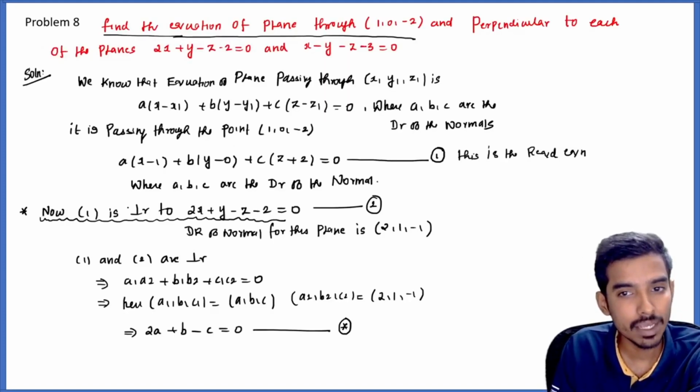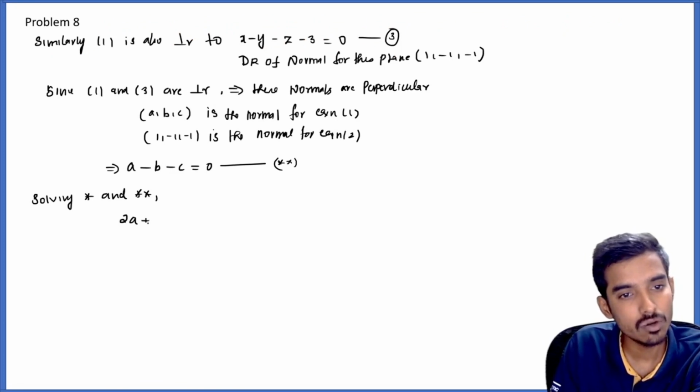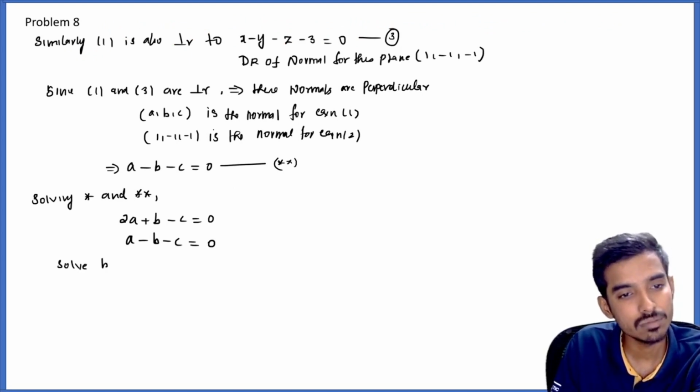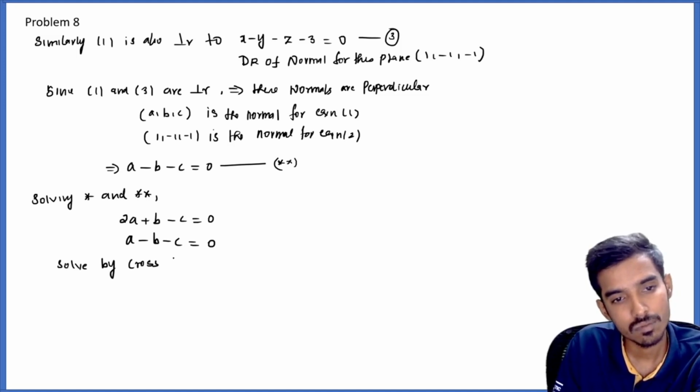I'm going to do it by the cross multiplication method. So we need to solve 2a plus b minus c is equal to 0 and a minus b minus c is equal to 0. These are 10th standard level, right?